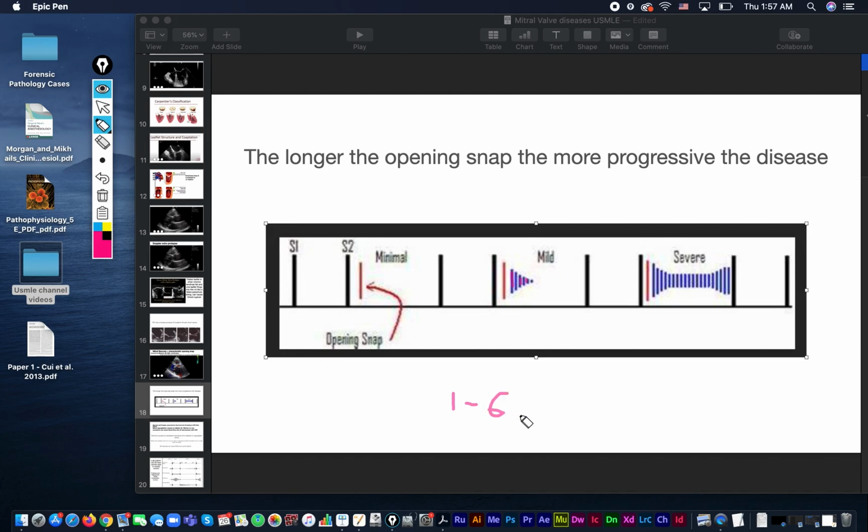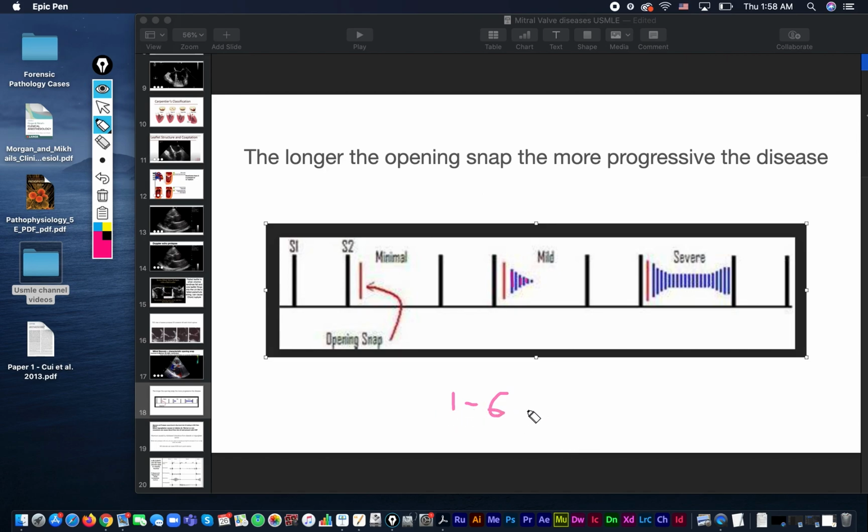And it's caused by turbulent blood flow.